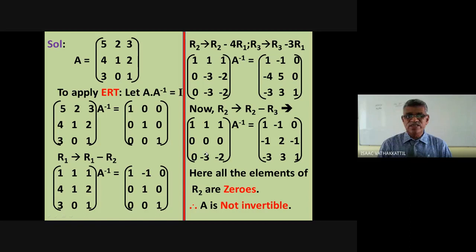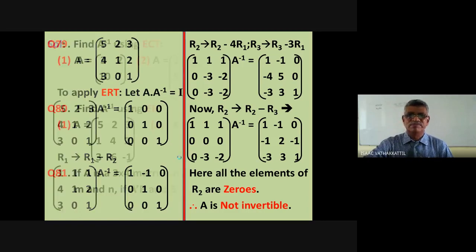Clear? This is the situation where you encounter that the inverse doesn't exist, either by ERT or by ECT or by elementary operations. If all the elements of any one row or any one column reduce to all zeros, the matrix is not invertible.